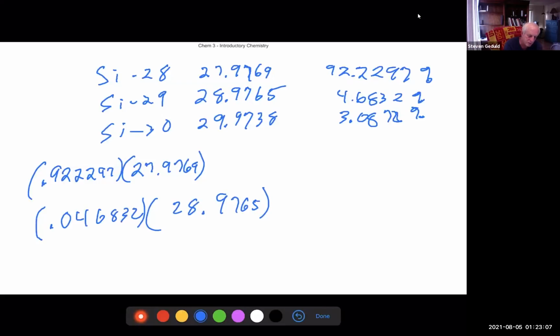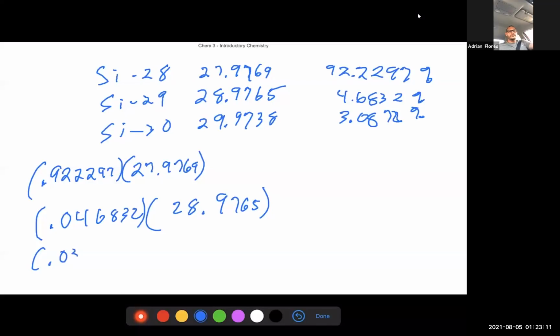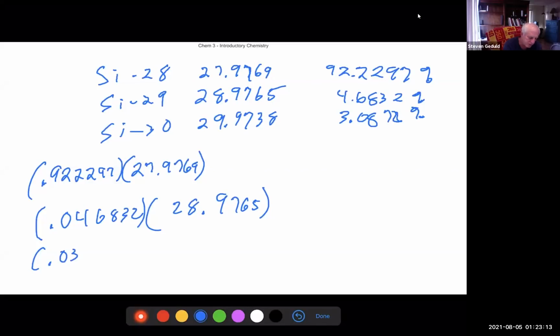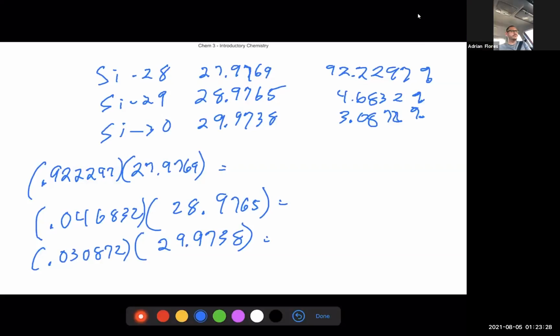The other one is 3.0872%, so 0.030872 times the mass of the isotope, 29.9738. You calculate each of those, they'll tell you the mass, and then you add it together.